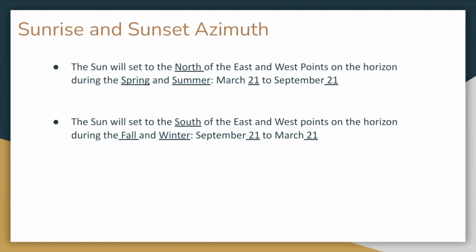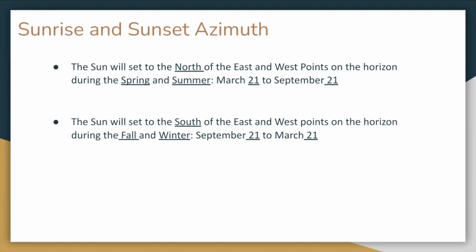And we should recognize something significant about these dates, March 21st and September 21st. Who can remember what those dates are referencing? Yes. The summer solstice, or the eclipse, or not the... You're thinking of the equinoxes, yep.